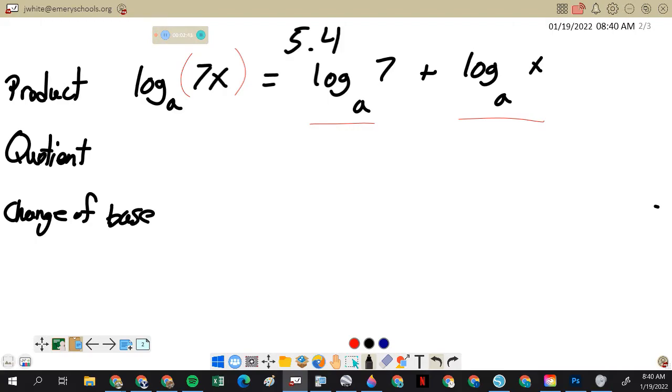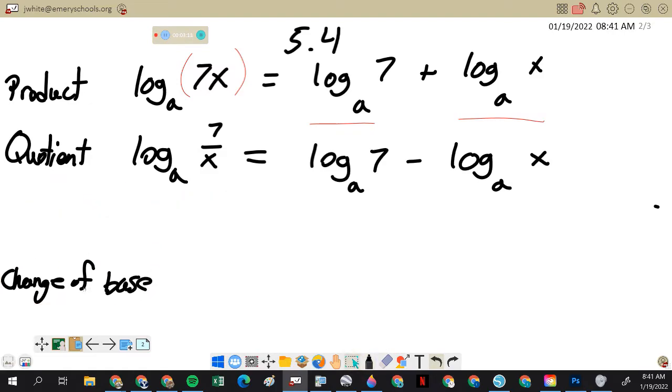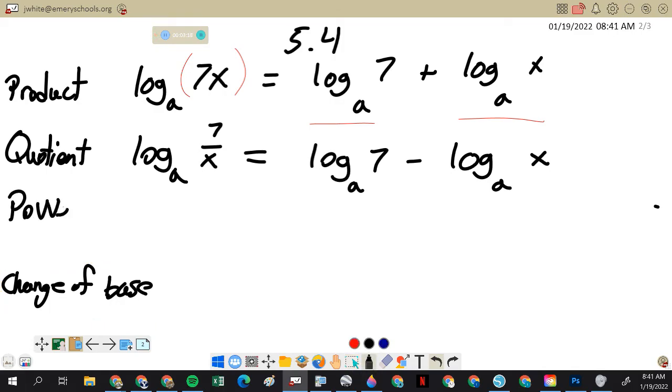Well, the quotient rule says log base A of 7 over x is equivalent to log base A of 7 minus log base A of x. Pretty simple. Okay, and then I'll get to the change of base formula. Oh, sorry, I said there were 3. There are actually 4. The third one is the power rule.